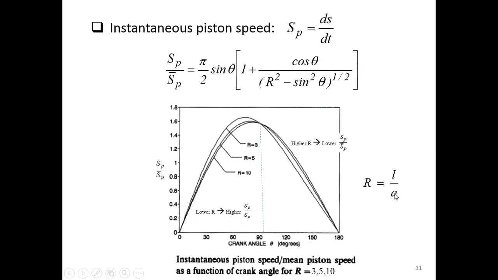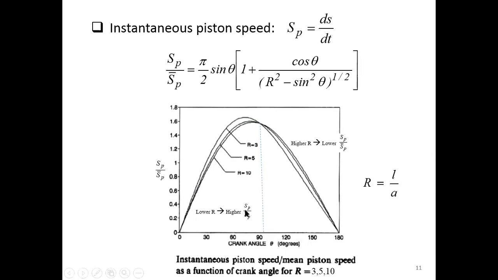So it depends on the size of your engine. This R ratio gives you the picture of how big your engine is, because your engine has to occupy the crank and also the connecting rod. So it gives you like this.